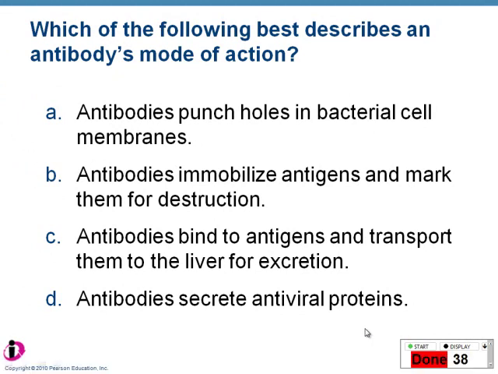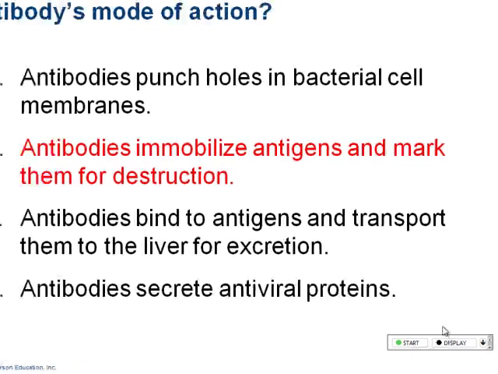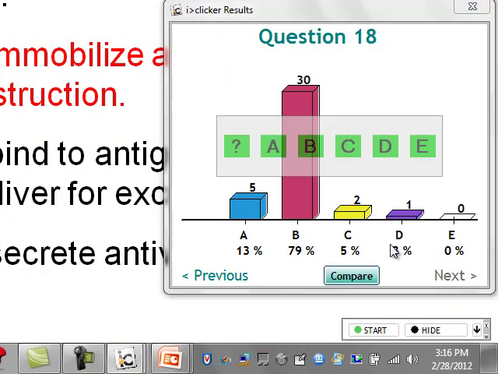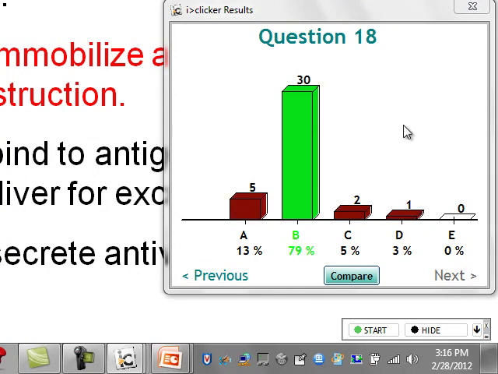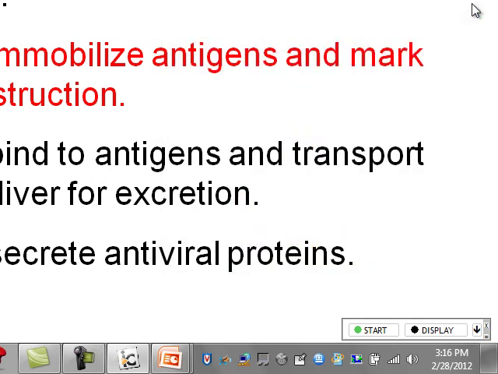The answer is B. Very good. I tie them up and hold them, immobilize, and tell everybody else to get rid of them. Mark them for destruction. Good, good, good, good. Antibodies don't poke holes in anything. They can cause things to precipitate, clump up, but they don't poke holes. Who pokes holes? Complement, cytotoxic T cells, perforins, granzymes. No antibodies. Yes?